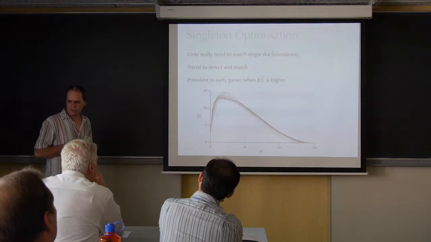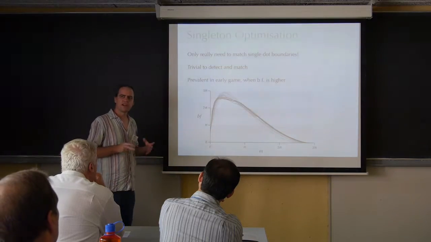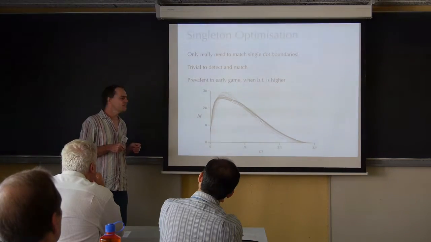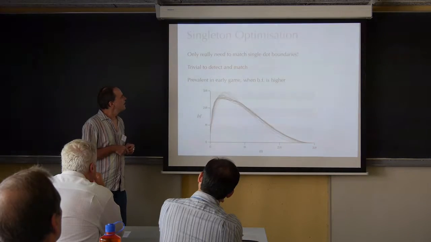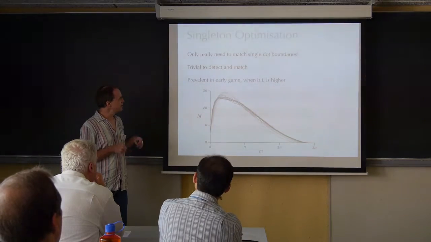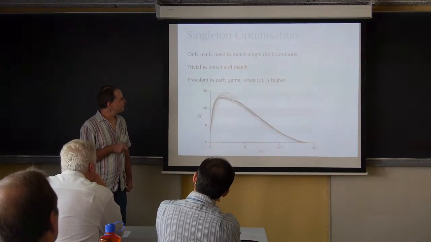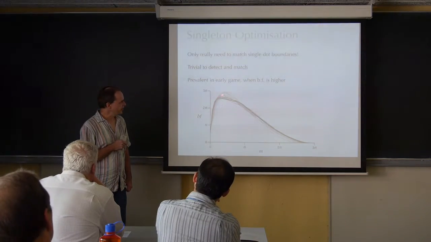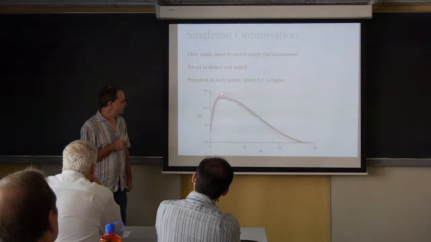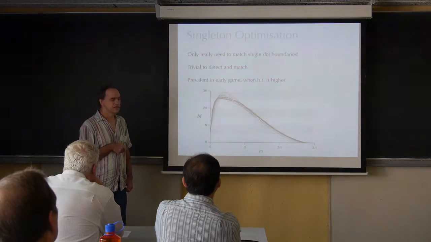So a further optimisation is that we only really need to match the singleton vertices in practice. And this works out well because they're trivial to detect and match. And this is a graph of the branching factor. So the branching factor is typically highest very early in the game when there are a lot of these singleton boundaries.